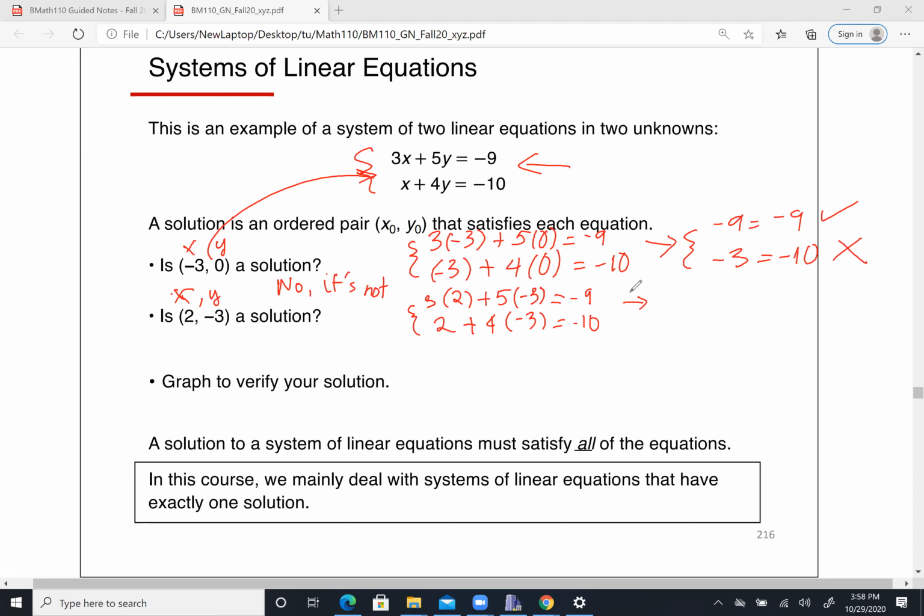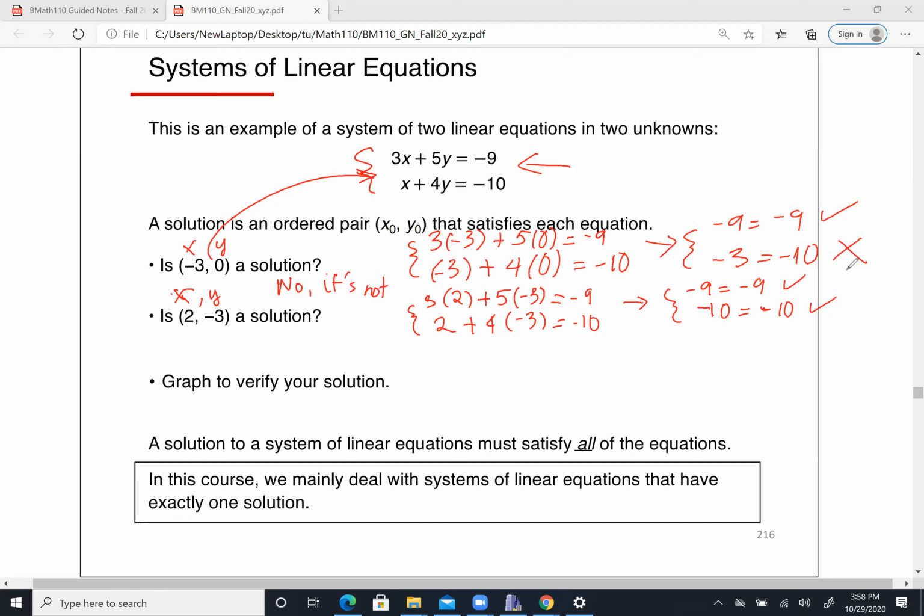Now let's simplify each equation. The first one, the left hand side is 6 plus -15, which is -9, equal to -9. That is good. The second one is 2 plus -12, which is -10, equal to -10.